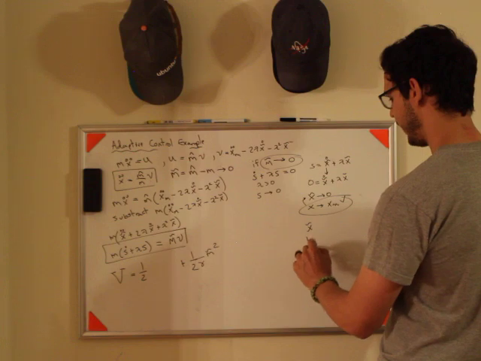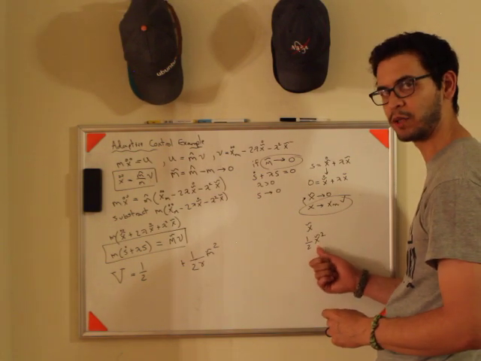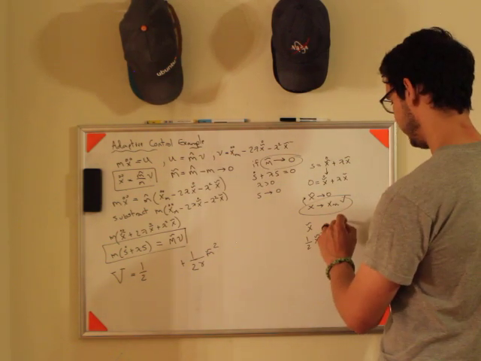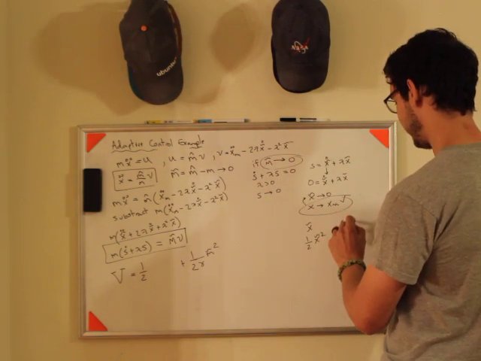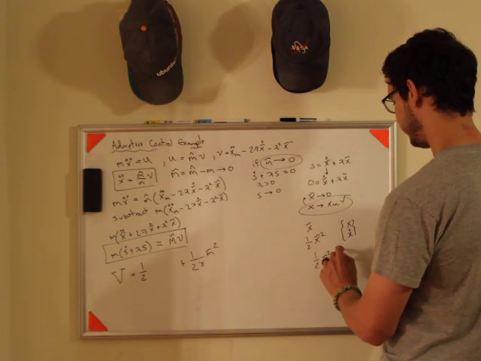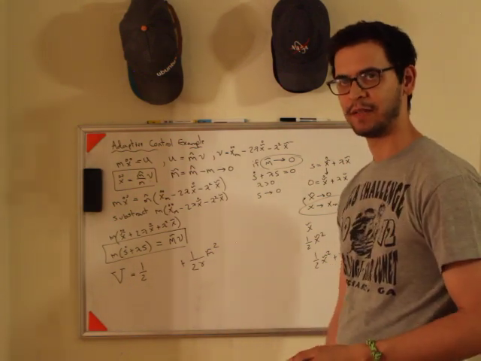So if I did 1/2 x tilde squared, I could use that as a Lyapunov function, but the problem is that my state vector is x and x dot, which means I would need 1/2 x tilde squared plus 1/2 x tilde dot squared, and you start taking derivatives and that's going to get really nasty.